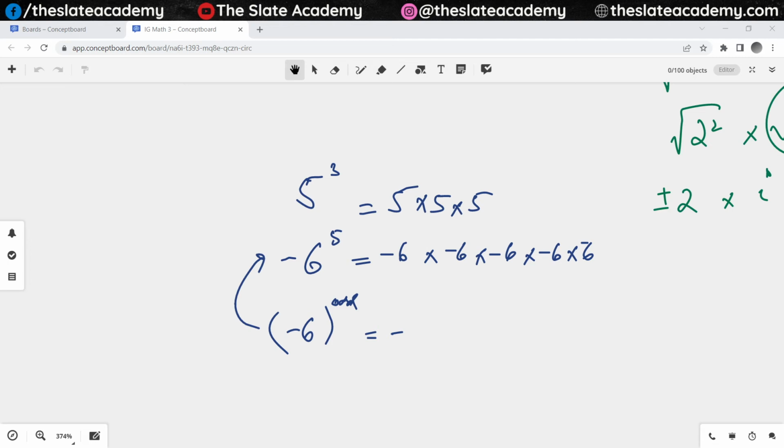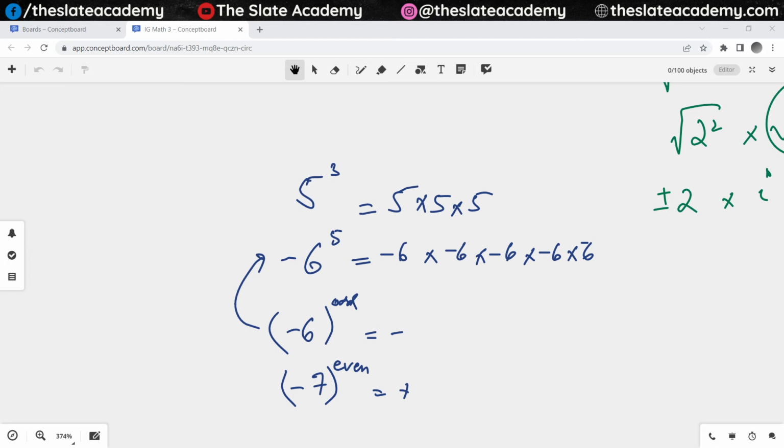And any negative number at all, let's say minus 7 raised to an even power, should give you a positive answer because the number is multiplying itself an even number of times. So that would get rid of the negative sign and the answer would be positive.